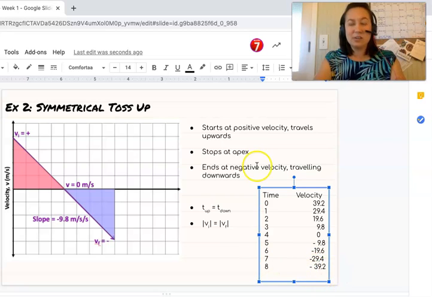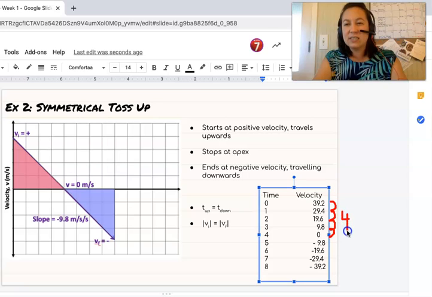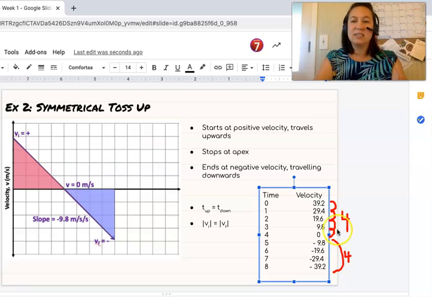If I kept repeatedly subtracting 9.8, I'd eventually get 0 at the apex. I'd notice it took 4 seconds to get to the top. It would take 4 seconds to fall, and it would have equal velocity at the start and at the end.